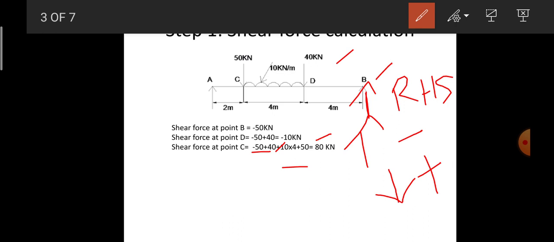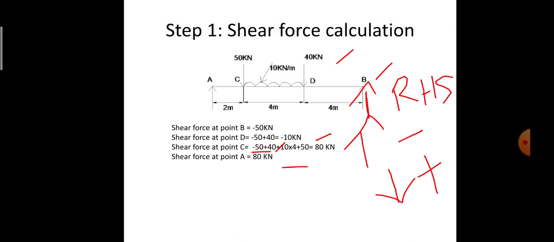After solving all this, the shear force at point C is equal to plus 80 kilonewton. The shear force at point A will remain as it is, equal to the reaction at point A which we got by using the equilibrium condition. So exactly at point A we have 80 kilonewton.